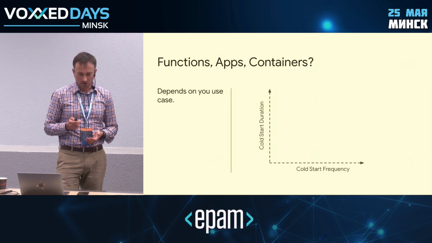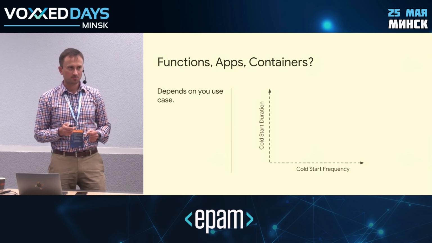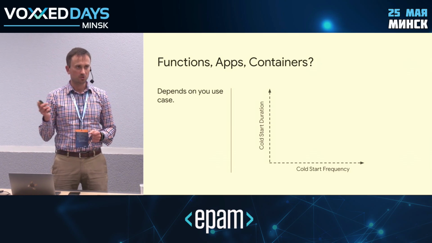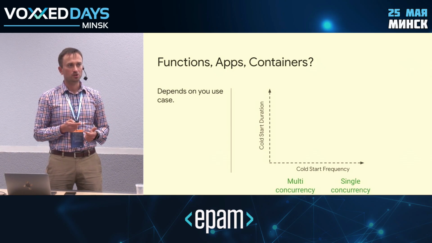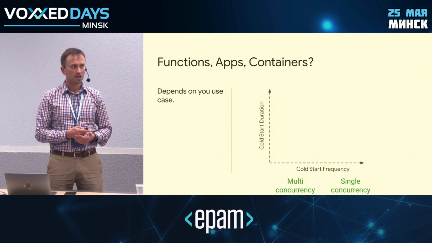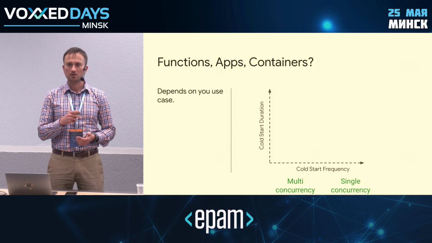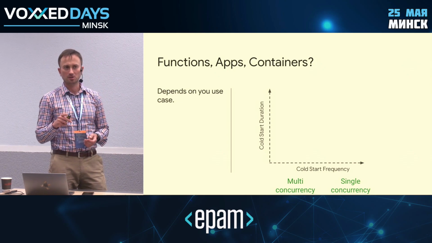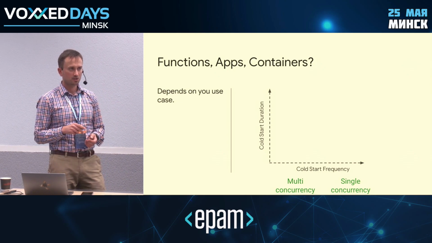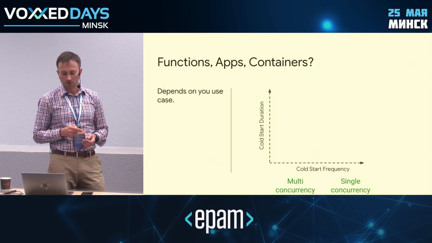So talking about the cold starts, there is actually a small difference between the different platforms that Monika described: Cloud Run, App Engine, and Google Cloud Functions. In Cloud Functions, as I told you before, there is just a single request handled at a time on a single instance. So there's single concurrency.